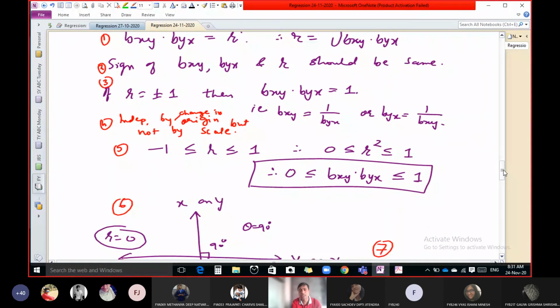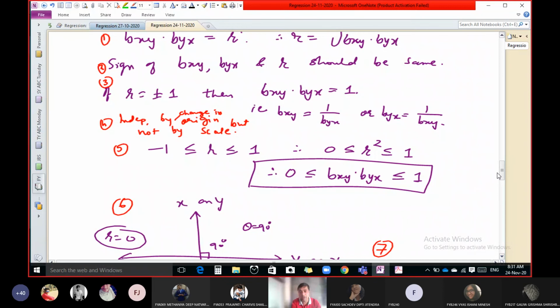See once again, if r equal to plus or minus 1, then two regression coefficients are reciprocal to each other. There is no relation with perpendicular or parallel. It is not related with the lines, it is regression coefficients.